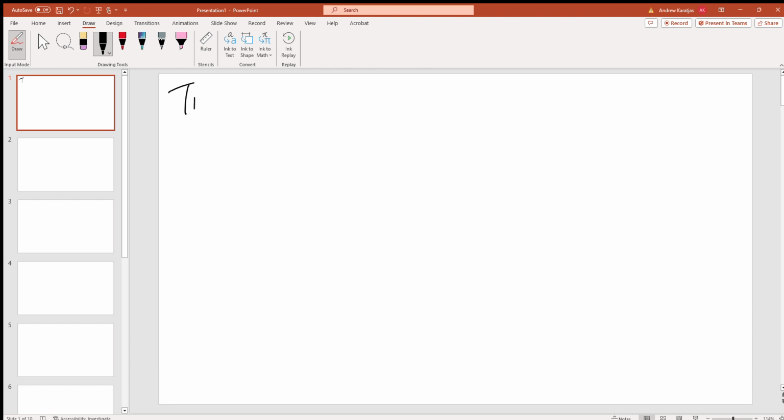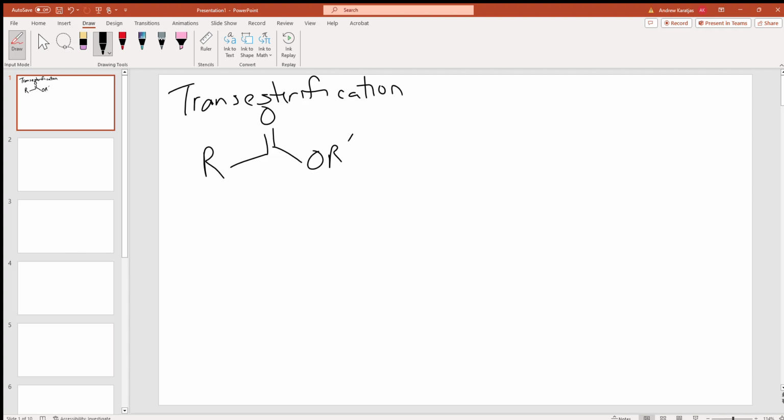The reaction of transesterification is actually very closely related to some other reactions. Transesterification is a reaction that will allow us, in a single reaction, to switch the R group on our ester.